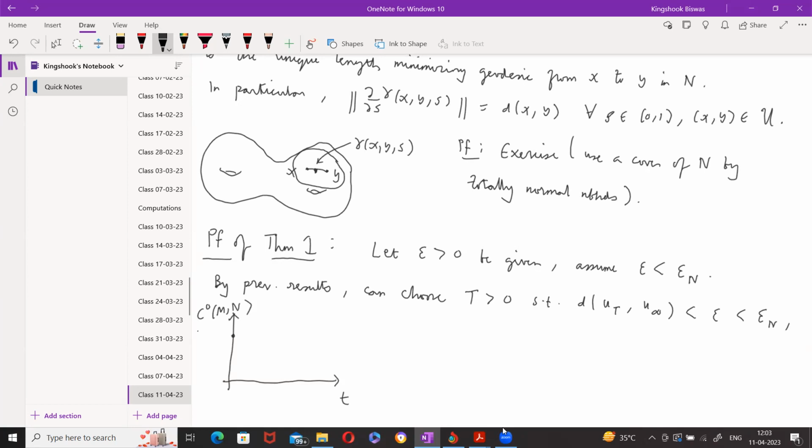It starts at f equals u0, and then it goes somewhere. Now, I have a u infinity, somewhere here, right?